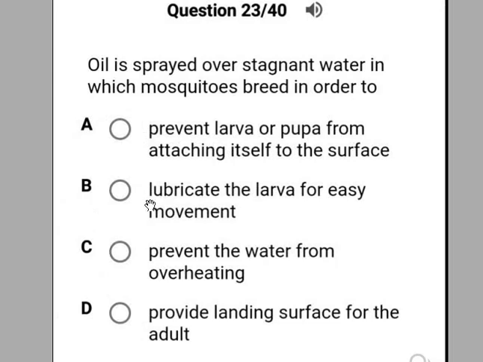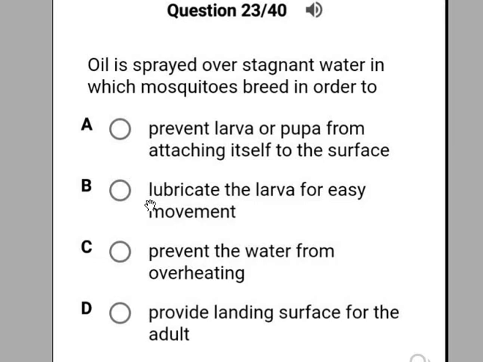Okay, so question 23. Oil is sprayed over stagnant water in which mosquitoes breed in order to: A. prevent larvae and pupa from attaching themselves to the surface, B. lubricate the larvae for easy movement, C. prevent the water from overheating, D. provide landing surface for the adults.